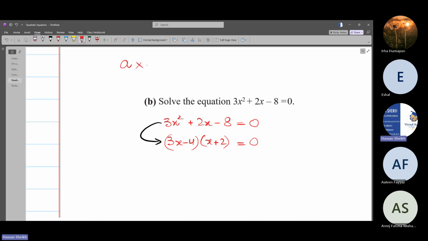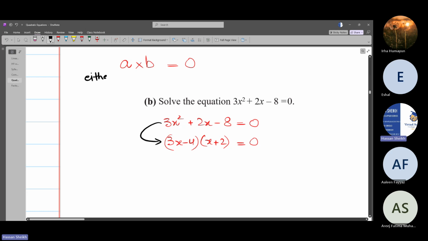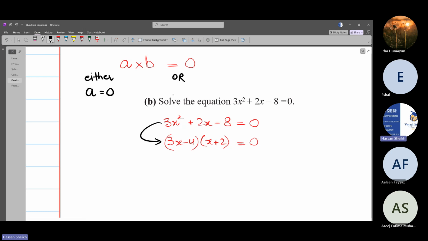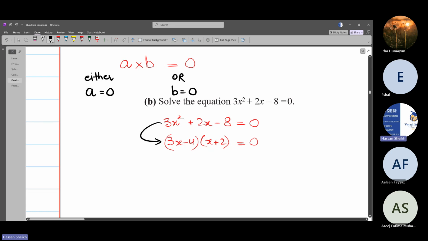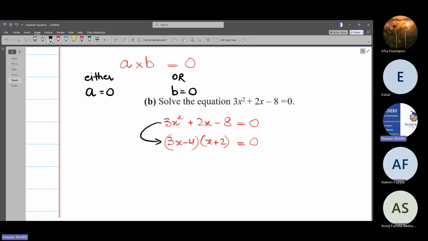Now tell me, when two numbers are multiplied, suppose we have number A and number B. If the two numbers are multiplied and they give zero, what does it mean? It means either A is zero or B is zero. Do you agree that if the two numbers are multiplied and they give a product zero, it means either one of them is zero?